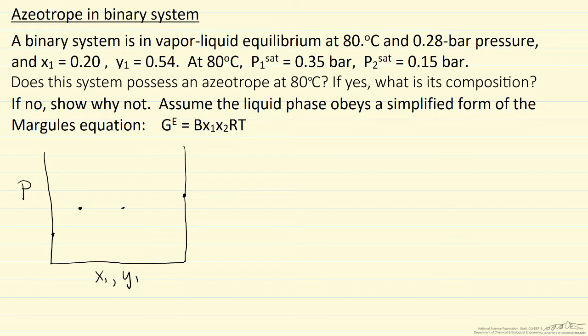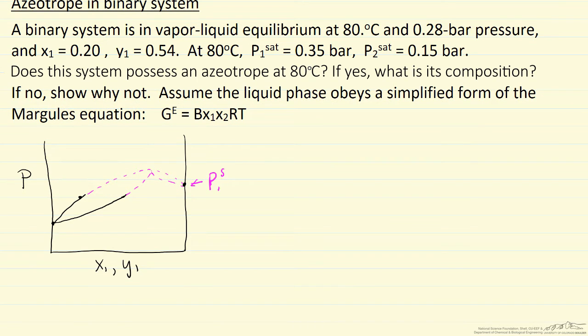Here we're showing the two data points where we have measurements, and the question is, if I draw vapor-liquid equilibrium lines, does this go up through a maximum, or does it connect where this is P1 sat and this is P2 sat, or does it not have a maximum at this temperature?